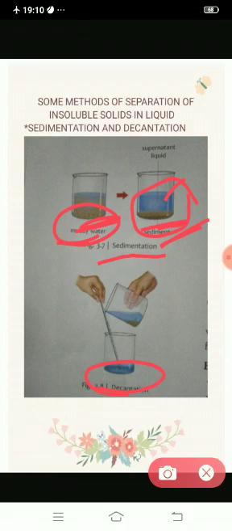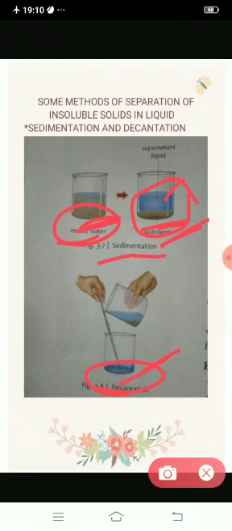What is decantation? It is a process in which we pour the supernatant liquid, using a glass rod, into another container. Thus, the clear liquid above the sediment can be poured out into another container.